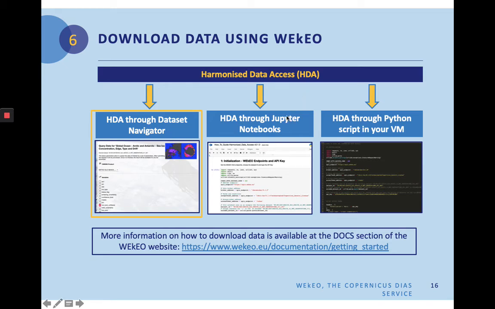The second one is using Python Jupyter notebooks. And finally, you can also access the HDA through a Python script in your VM. VM stands for Virtual Machine, and I will explain later how you can access that. More information on how to download data is available at the doc section of the Wekeo website. You can find the link here.